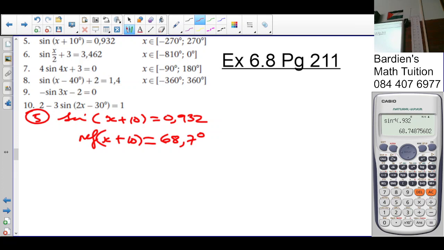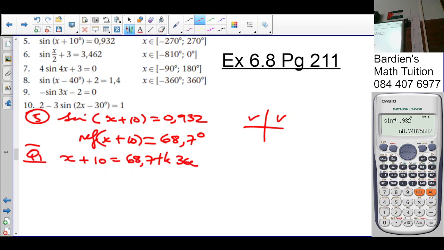So what's the question we should be asking ourselves? Which quadrant is sine positive? It's positive in 1 and 2. So let's go with quadrant 1. How do you get in quadrant 1? x plus 10 equals 68.7 plus k times 360. The 10 is over, so x is equal to 58.7 plus k times 360 degrees.